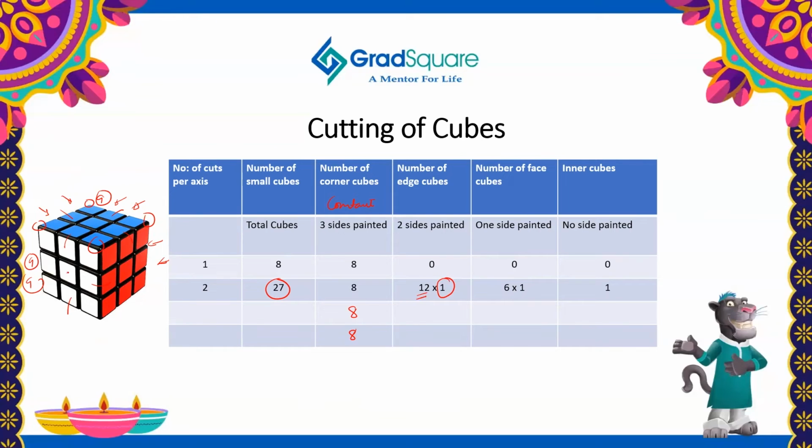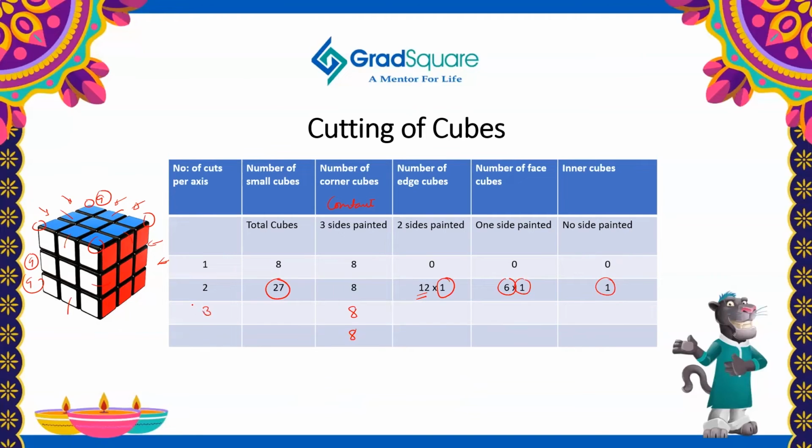If you look at this particular cube, which is there in the middle, this is a 1-side painted cube, and there'll be 1 on each of the 6 faces. So 6 into 1, total 6 cubes there. 27 was the total number of cubes. 12 of them are 2-side painted and 8 of them are 3-side painted. Total 20 cubes there. And 1-side painted is 6, so 26 cubes. So one of the cubes which is left will be an inner cube with no side painted.